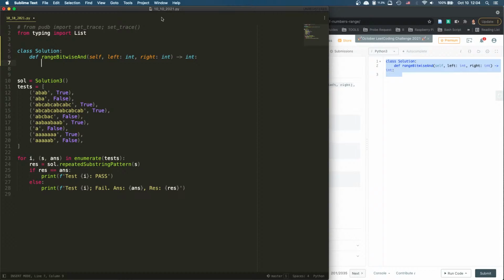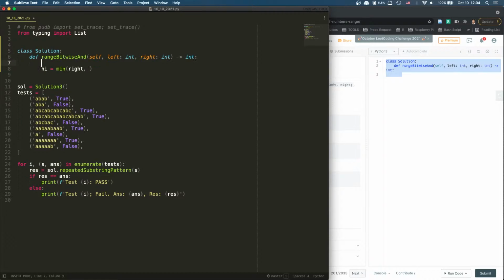So first of all, we need to find the range. So we're going to say the right actual high is going to be the minimum of right, and we need to do some stuff first. How do I know the number of bits? Is there an easy way to know the number of bits?